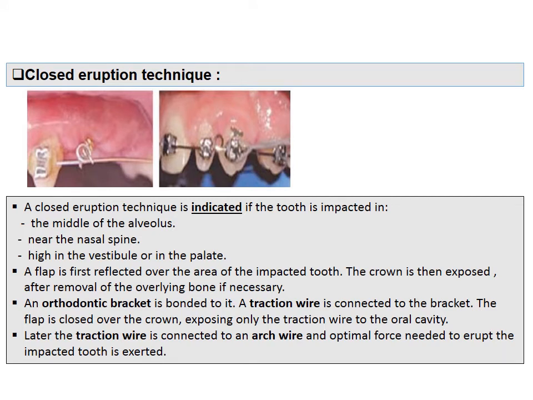The other method used for exposing the labially impacted canine is the closed eruption method. This method is indicated if the tooth is in the middle of the alveolus, meaning the crown is in the middle of the alveolus, or near the nasal spine, at a high level in the vestibule or in the palate.